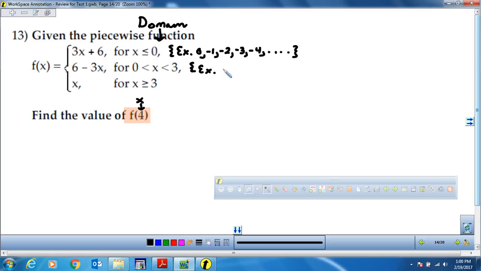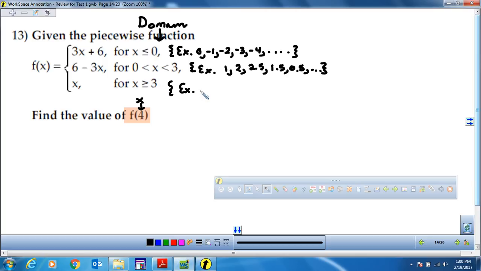So that means that 1 and 2, those are the only wholes, but you can also have 2.5 or 1.5 or 0.5 or any other decimal, right? As long as it is between 0 and 3. So there's several. And the last function, it tells me that it includes any number x that is greater than or equal to 3.